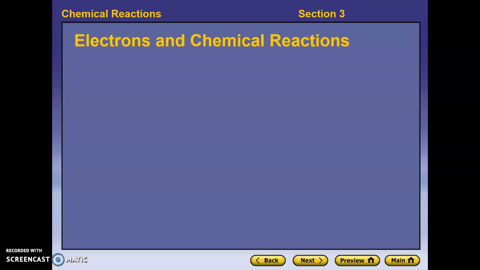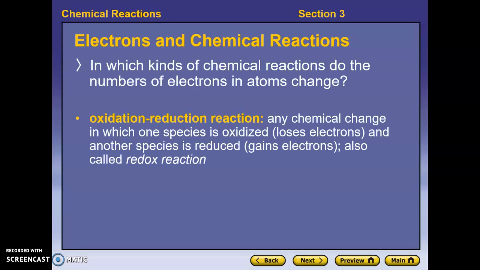And when we do look at electrons in a chemical reaction, there are some reactions that cause actual electron switching, where an atom or an ion has gained electrons, or another atom or ion has lost electrons. We call them oxidation reduction reactions.